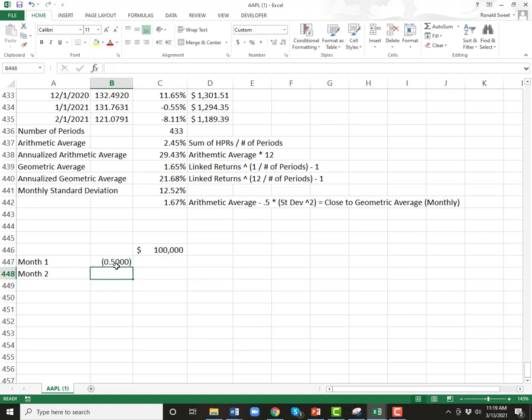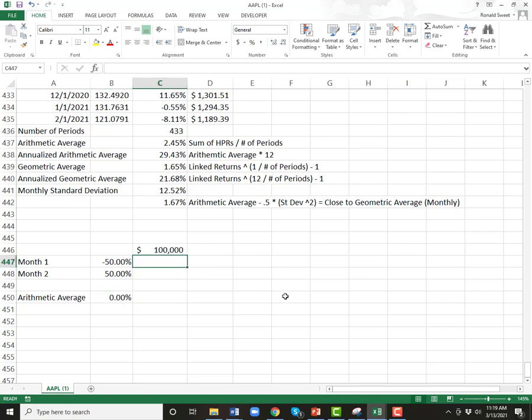In month 2, you make 50%. So there's your portfolio. And so you tell your uncle, well, here's your arithmetic average. You just take minus 50% plus 50%, you divide by 2, your arithmetic average is 0%.